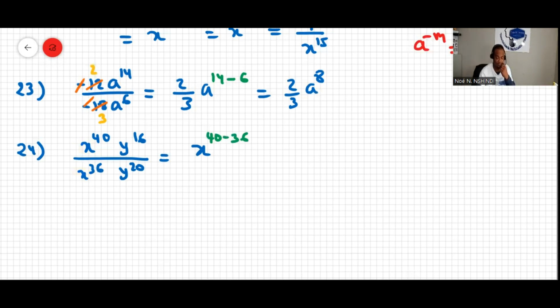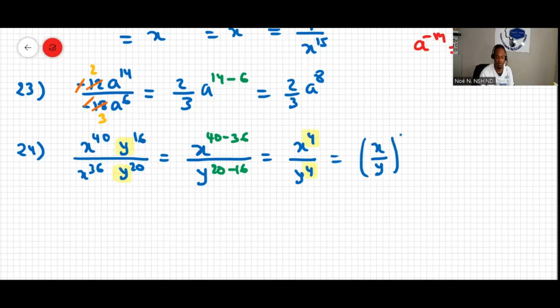And then over here, we also have the same bases, but now when I look at the exponents, 20 is more than 16. I'd rather move y to the power of 16 to the denominator. This will be y to the power of 20 minus 16. And then this will be equal to x to the power of 4 over y to the power of 4. And since the exponents here are common, we can just say x over y to the power of 4.